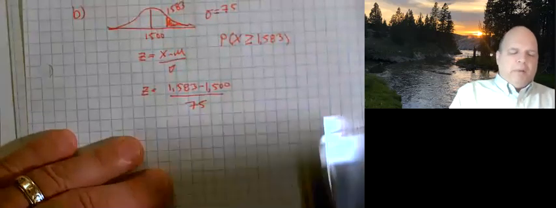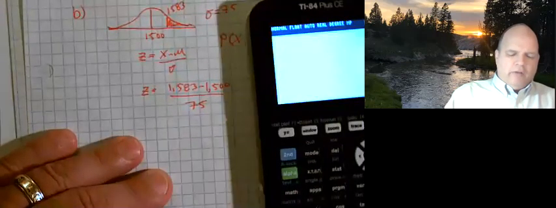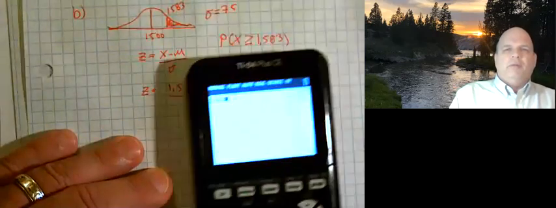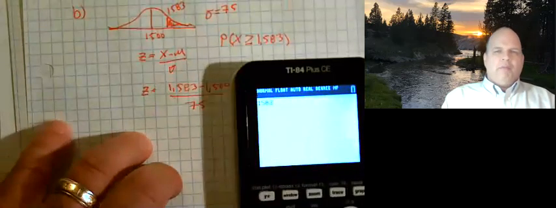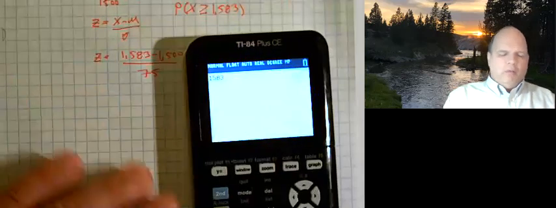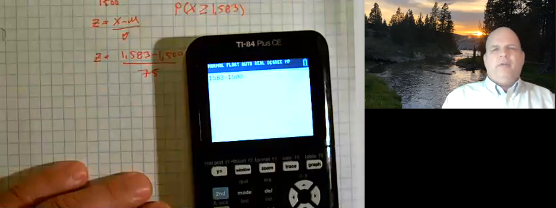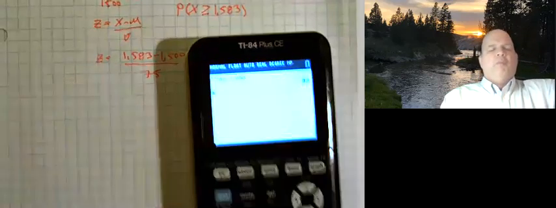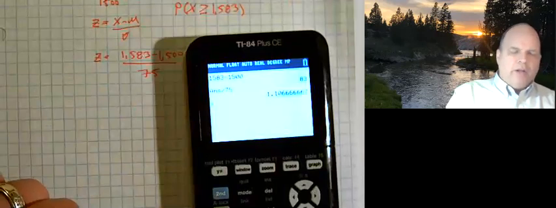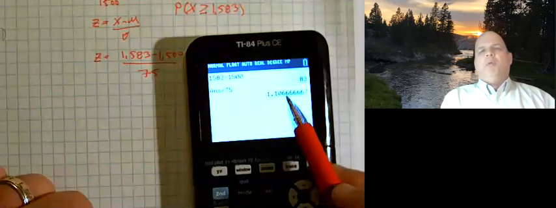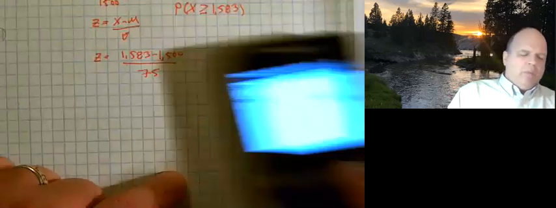I go to plug that into the calculator, and it's 1583. Don't know if y'all can see that or not. Minus the 1500 divided by 75. When I do that, I end up getting about 1.11.